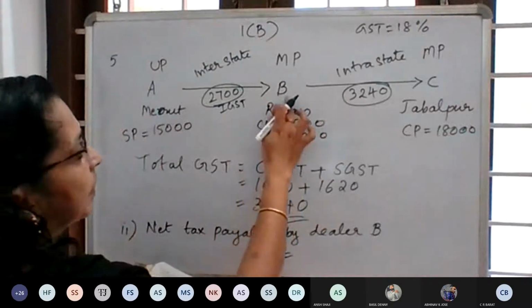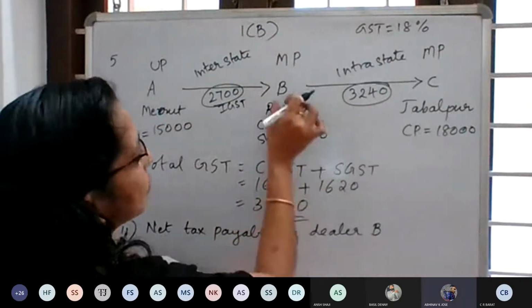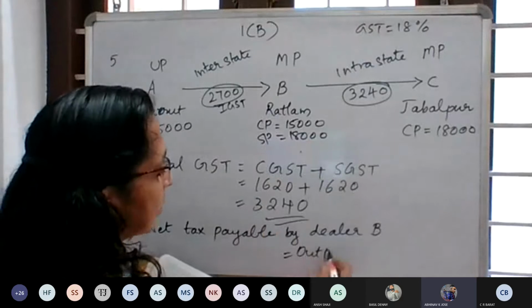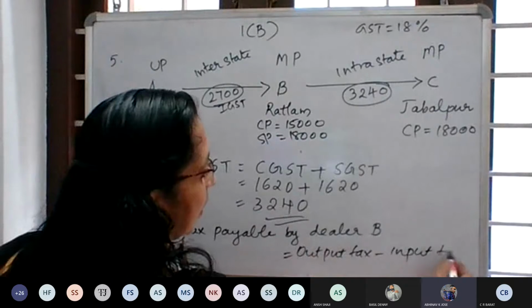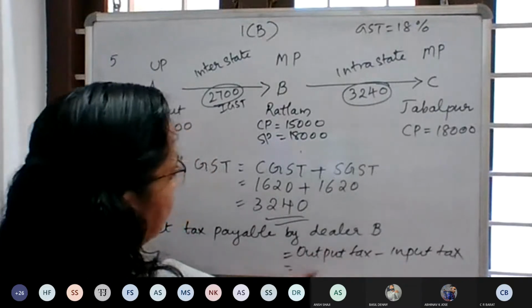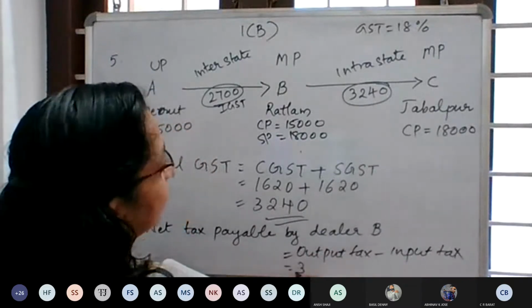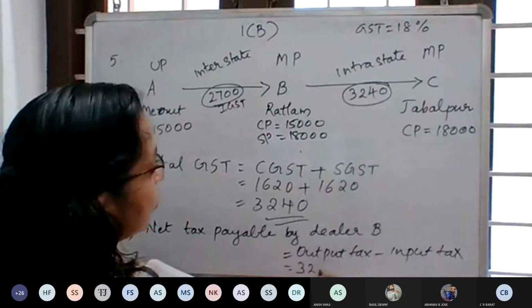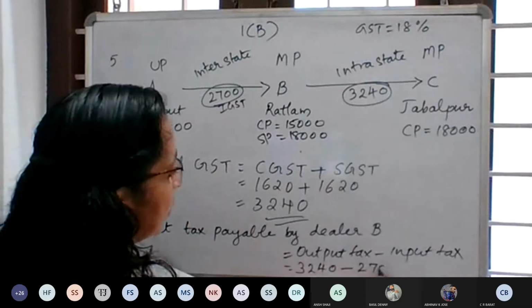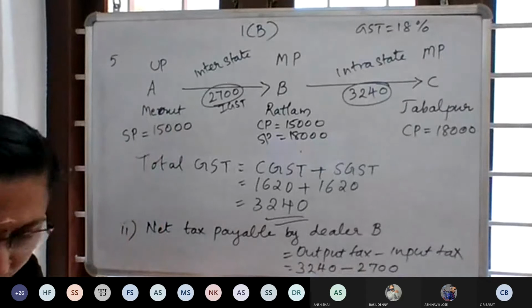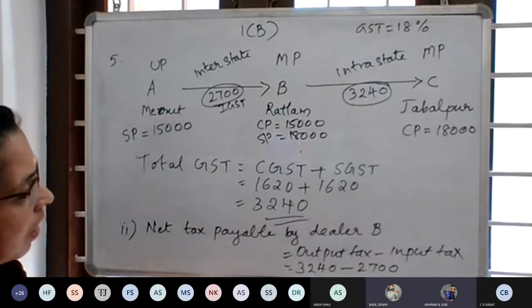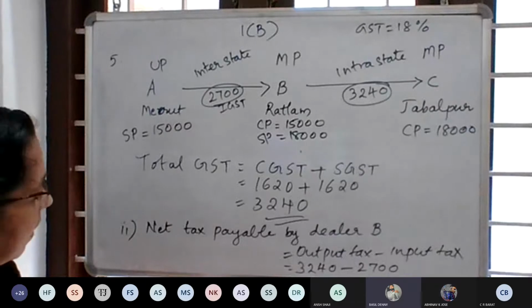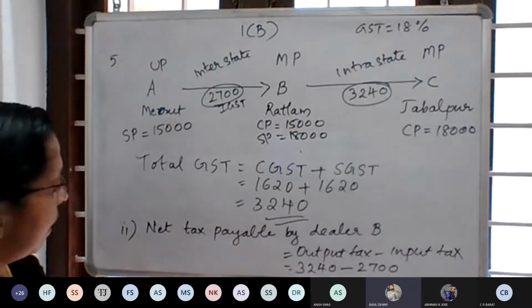Dealer B, again the transaction is from B to C, so output tax is 3,240 minus input tax 2,700.